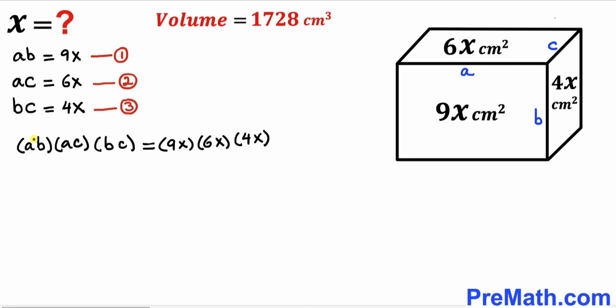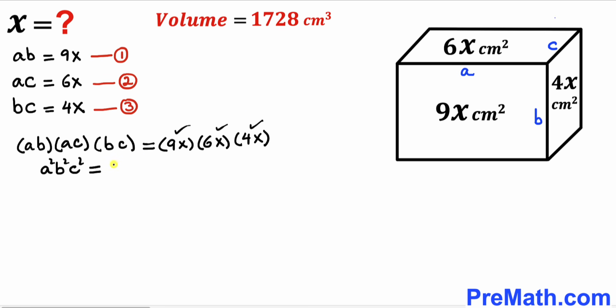Now on the left hand side, we could see a times a is going to give us a square, b times b is going to give us b square, and likewise c times c is going to give us c square. So we could write this as a square times b square times c square equals to, let's go ahead and multiply out the right hand side as well.